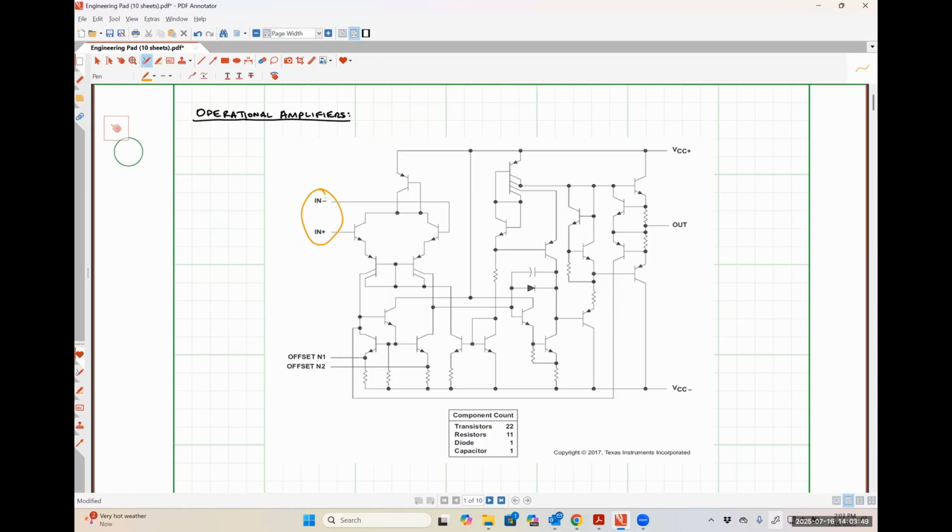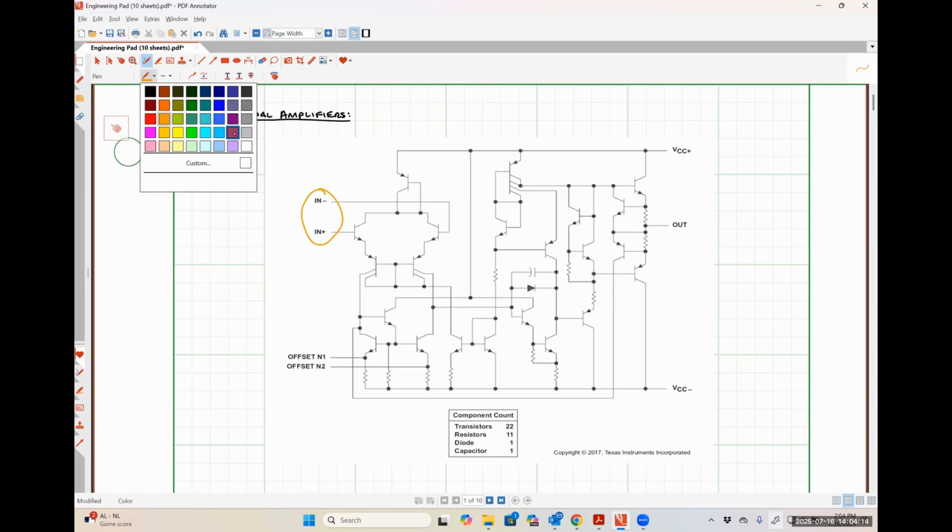And really, at its most fundamental level, what it's doing is amplifying the difference in those two voltages. That functionality is almost never actually used, but that's kind of going on in the background. So we're going to expect to have multiple input signals for circuits containing op amps.